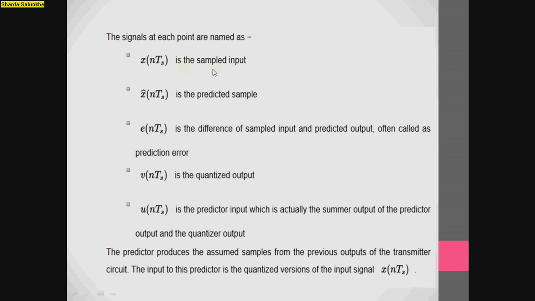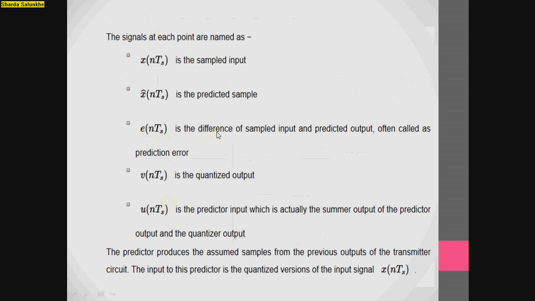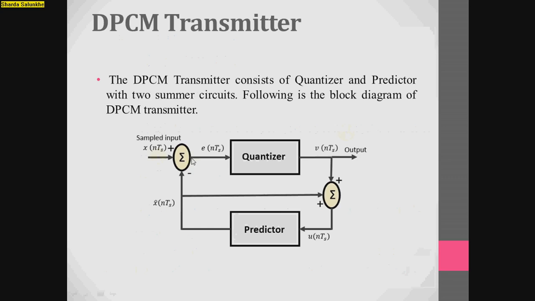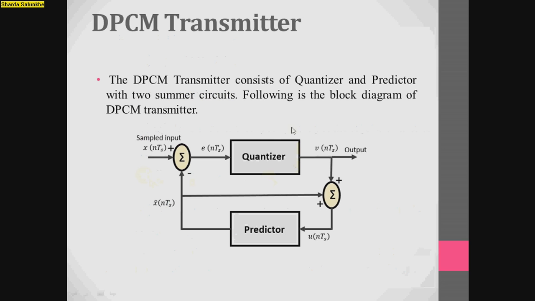So X of nTs is the sampled signal, X cap of nTs is the predicted sample. So this is the predicted sample. E of nTs is the difference between the sampled input and predicted output. It is often called the prediction error. So this is the prediction error, this is the sampled input, and this is the predicted output. V of nTs is the quantized output.